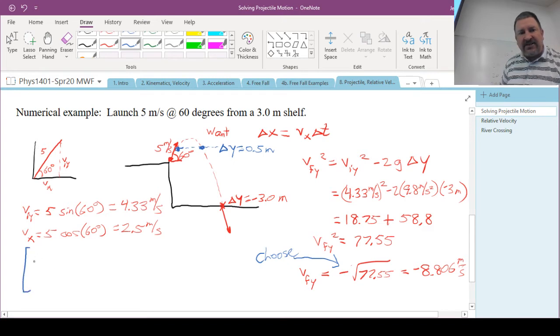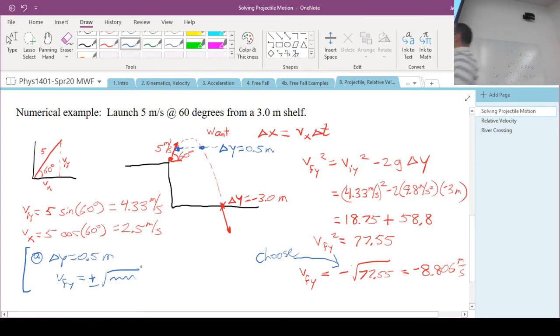So as a little aside, at delta y equals 0.5 meters, v final y is equal to plus or minus the square root of blah, blah, blah. Same stuff to figure out what goes under the square root, except plugging in the plus 0.5 meters. And then you kind of have to decide whether you want plus or minus depending on which blue dot you're shooting for.